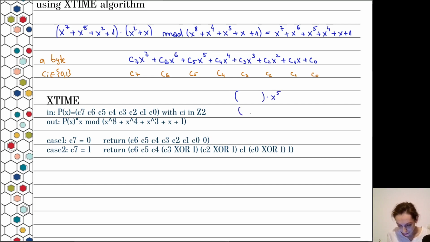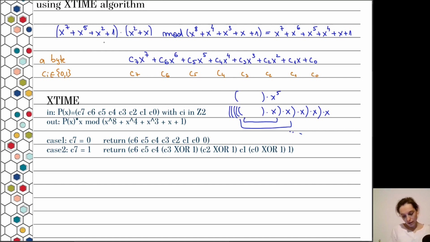So we will multiply this polynomial by x and the result again by x and again by x and again by x and again by x. And this will be the method we will use in order to apply XTIME algorithm. So we will apply XTIME algorithm for the first multiplication, then for the second multiplication, and so on.